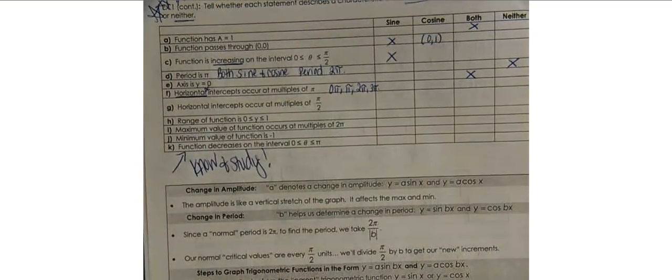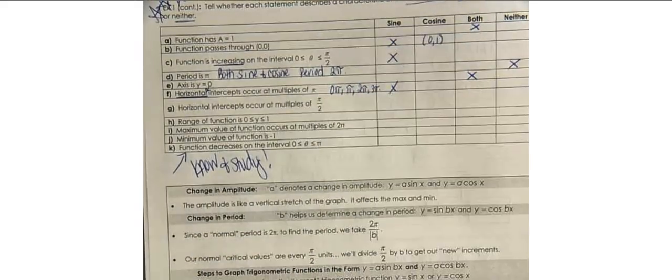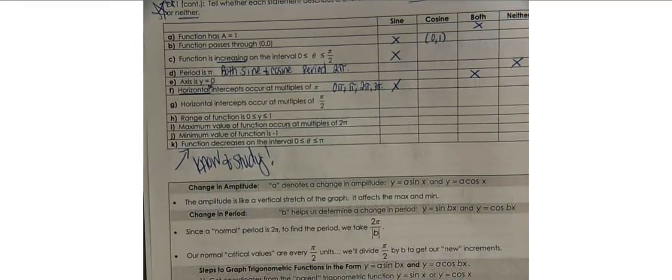And your x-intercepts occurring at 0 pi, pi, 2 pi, and 3 pi, well, that's sine once again, because all of your x-intercepts would occur at increments of pi over 2, essentially, for cosine. So in this case, it's sine again.